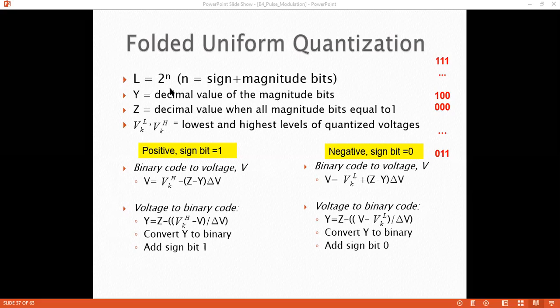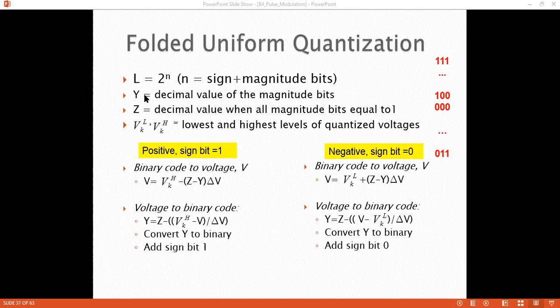So the total N includes both sign and magnitude bits. If, for example, we use N equal to 7, the first MSB is for sign, and 6 other bits will be our magnitude bits.